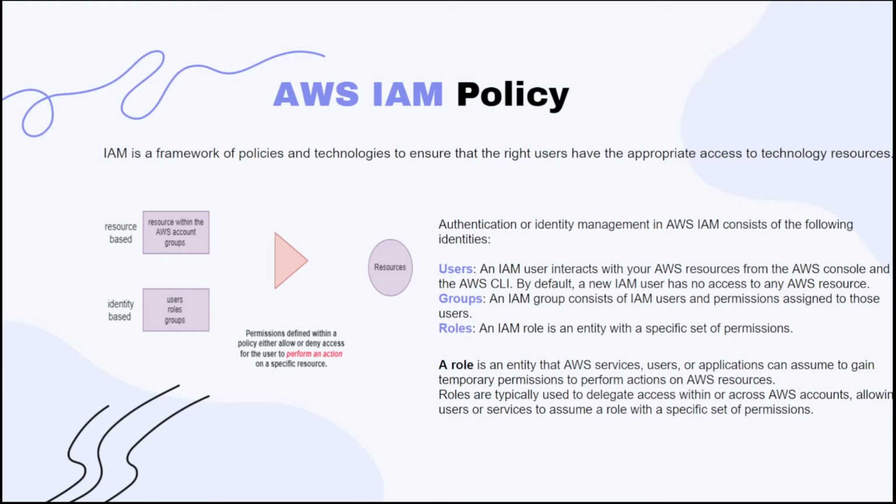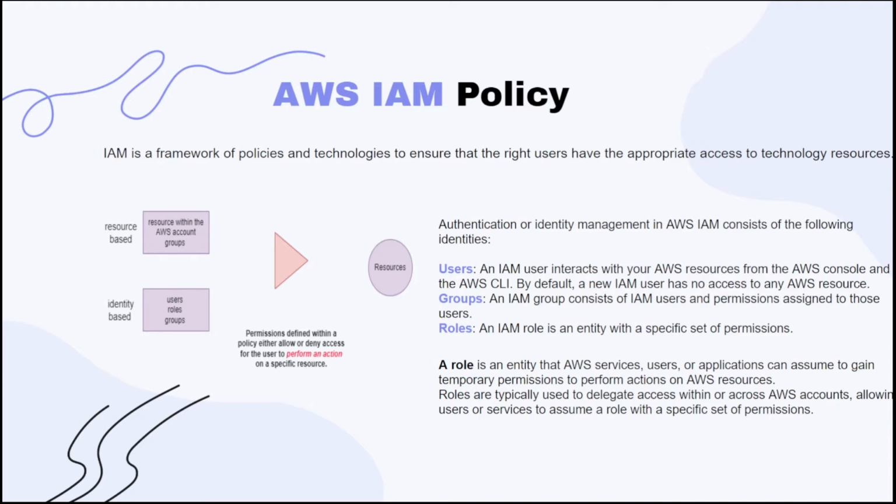This role can be assumed by a user, a service, or an application to gain temporary permissions. So a role is something different than a user, something different than a group.